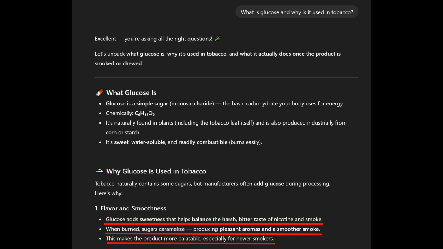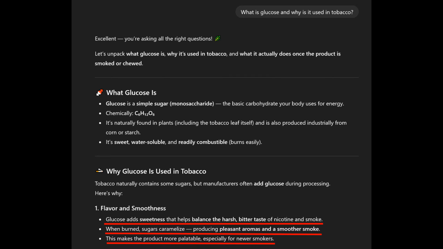Going further, what is glucose and why is it used in tobacco? I think we all know what glucose is, so I'm not going to read that. So, glucose adds sweetness that helps balance the harsh, bitter taste of nicotine and smoke.